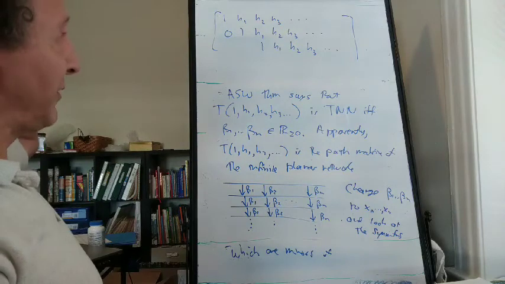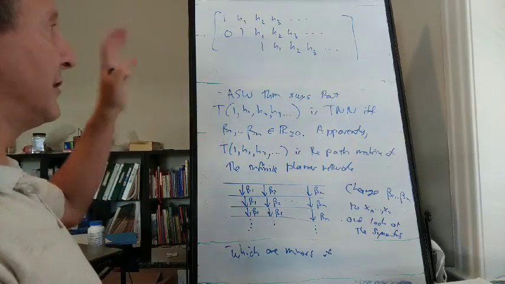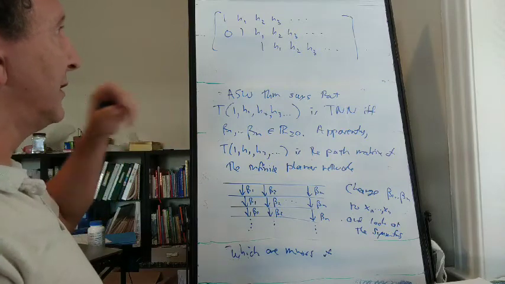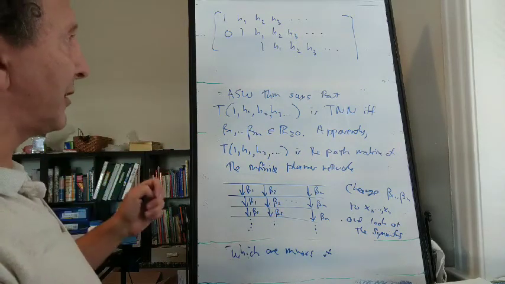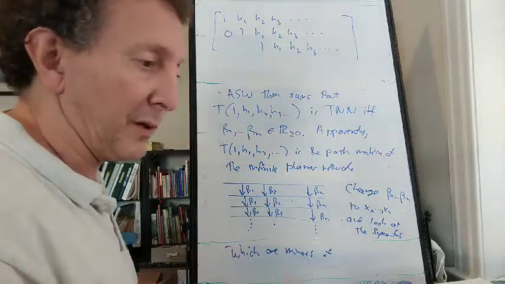Again, the minors are definitely going to be symmetric functions because every minor is a determinant of a submatrix, so it's a sum of products of symmetric functions, and symmetric functions are closed under sum and closed under product.